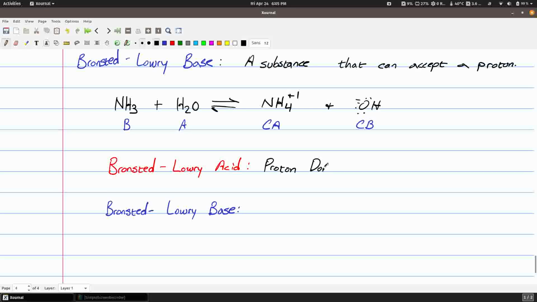We're going to write down what a proton is and has a conjugate base. Okay, this is a proton acceptor, the Bronsted-Lowry base. So, has a conjugate acid.